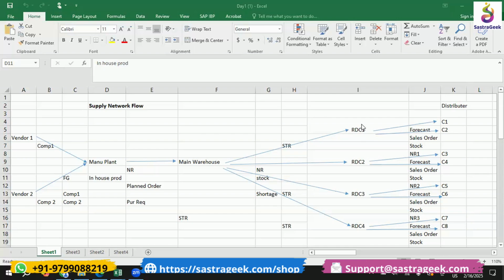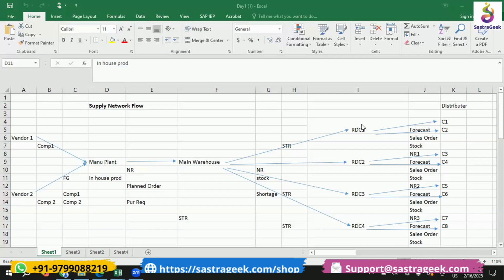Now you may think, okay, how is it relevant to me as an MM consultant or PP consultant? I know it's not. But from a supply chain network perspective, it is important. An SD person will be able to relate that whenever I create a sales order, enter the order type, sold-to customer, ship-to customer details, and enter material information with quantity details, and I click enter, the system automatically populates the plant, the shipping plant.